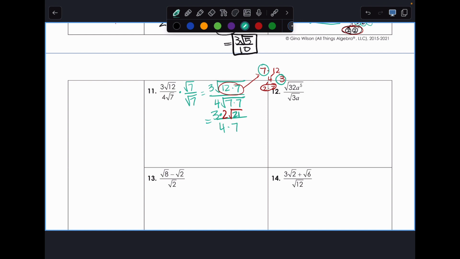Yeah, so let's simplify that. 2 and 4 can be simplified, and 2's left behind in the denominator, leaving me with 14 in the denominator, 3 rad 21 in the numerator. Did I go too fast there? Yeah, closer. Any questions?